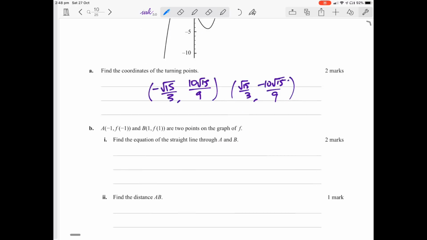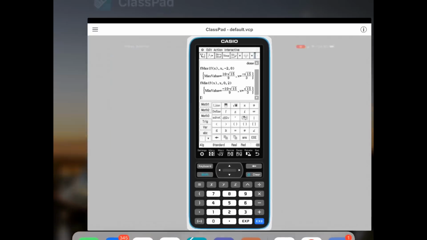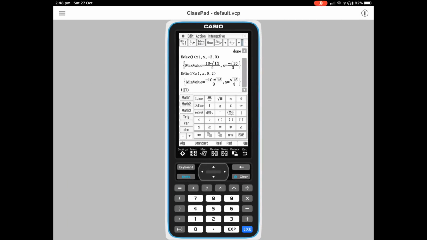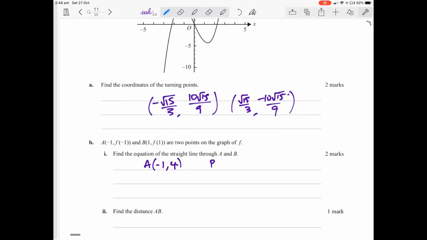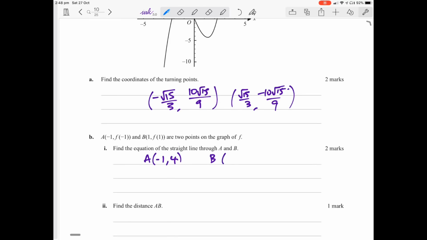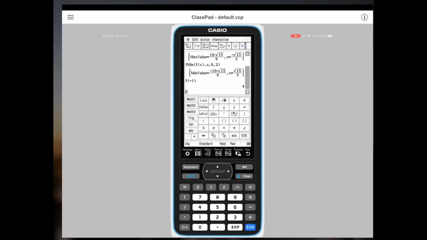Okay, a is -1, f of -1, b is 1, f of 1. 2 points in the graph of f of x. Find the equation of the straight line through a and b. So a is -1. What's f of -1? It's 4. B is 1, so -4.